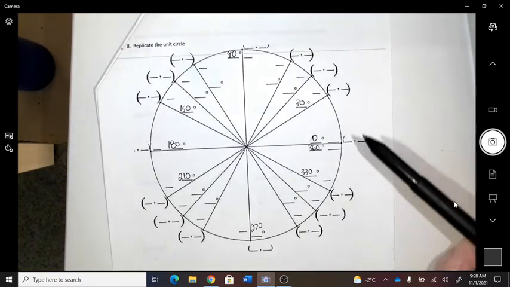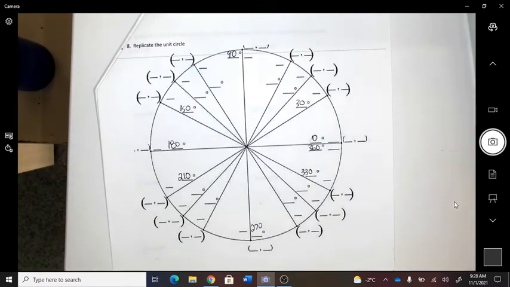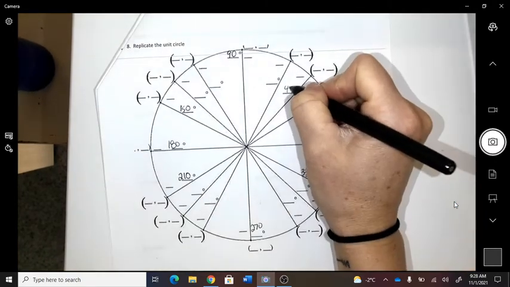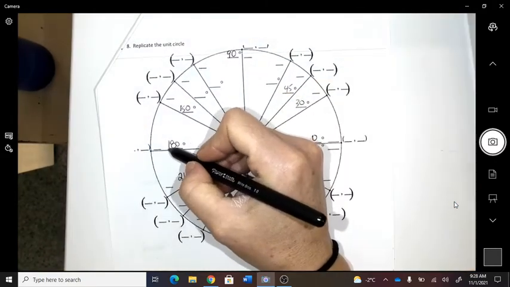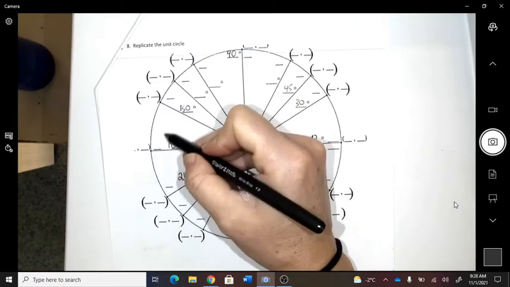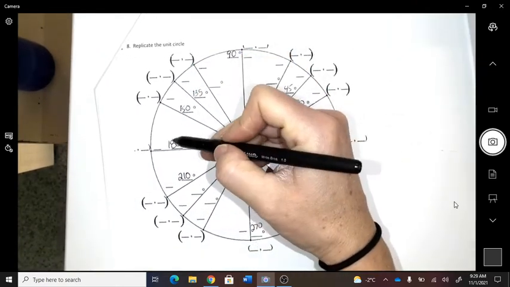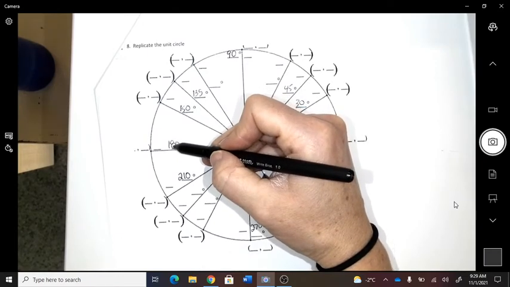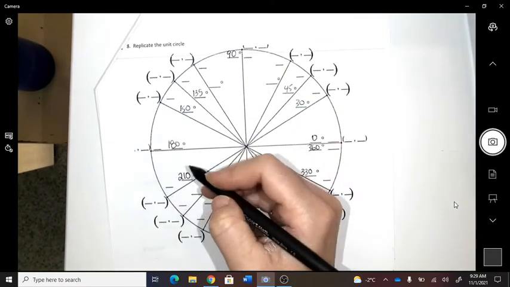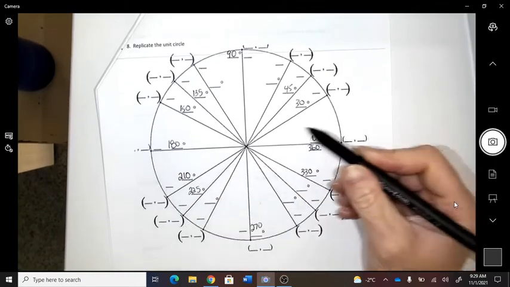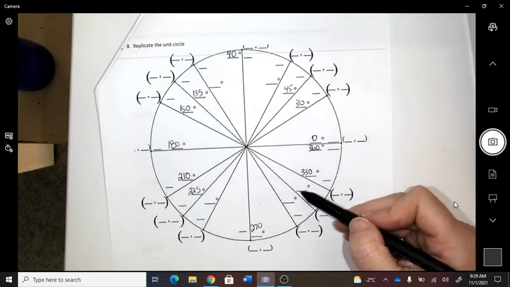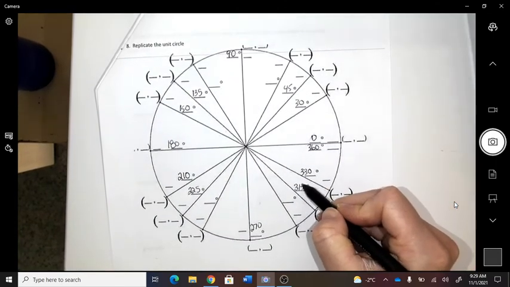Okay, now I'm going to go 45 off of each. So 45, back of 180 is 135. 45 further than 180 is 225. And 45 this way is 315.